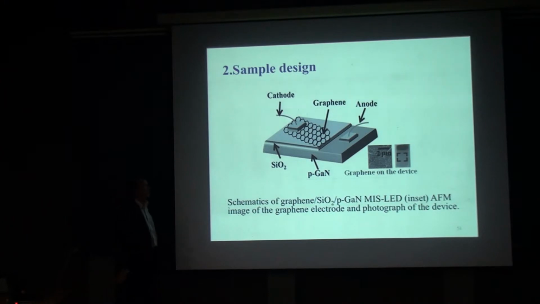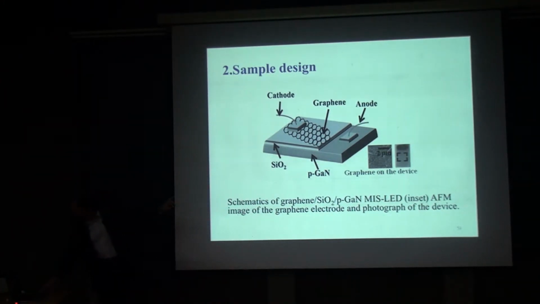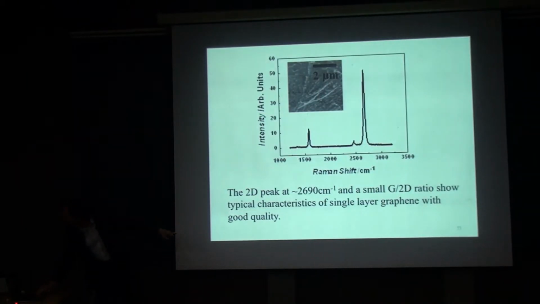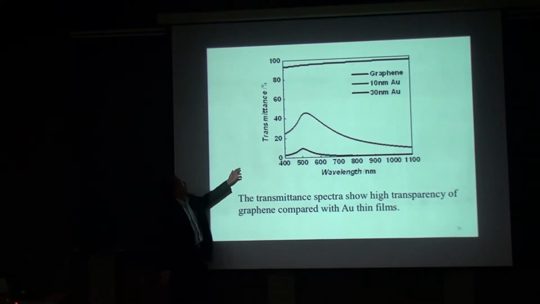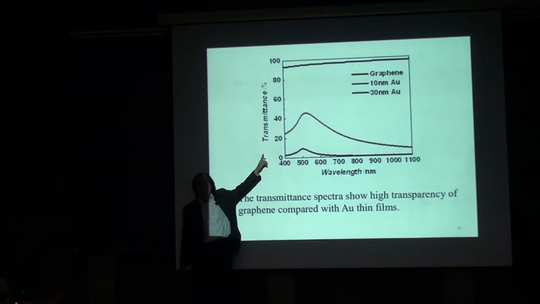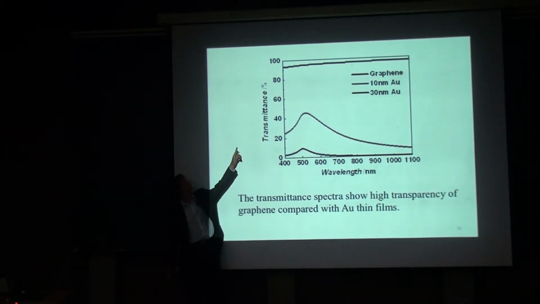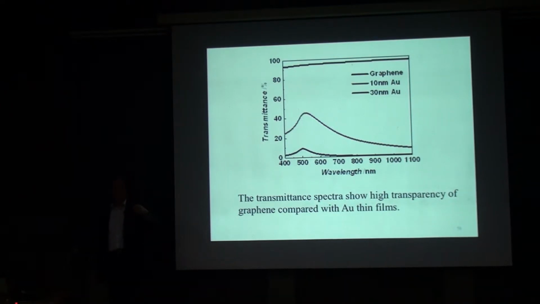This shows you that our device is very simple. This shows you the property of graphene, and this one shows the transmittance of the graphene compared with the gold thin film; the transparency of the graphene is very high.